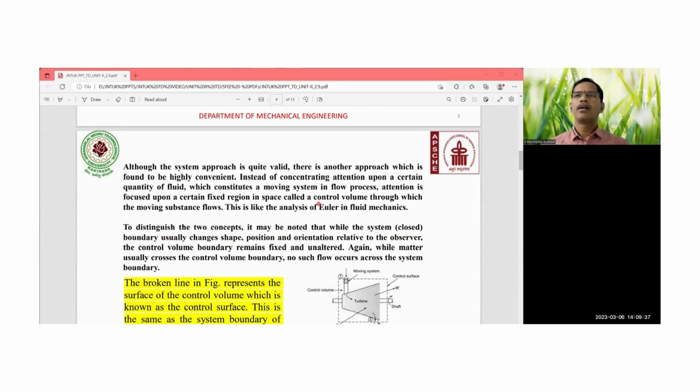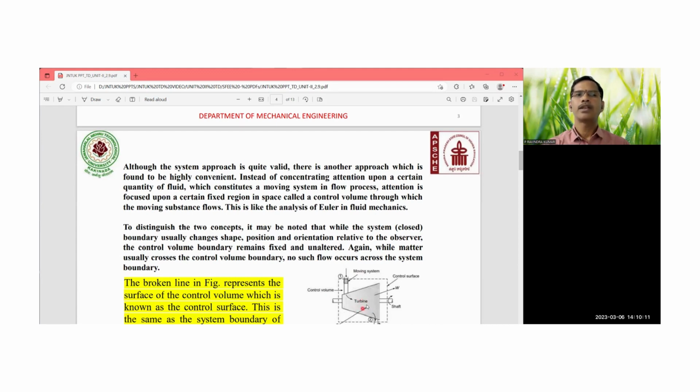Sometimes we may get the doubt about where I need to concentrate, in an open system or in a closed system. Instead of concentrating upon a certain quantity of fluid which constitutes a moving system in the flow process, attention is focused upon a certain fixed region.